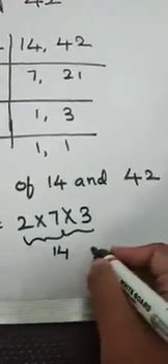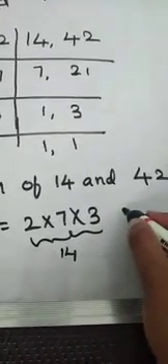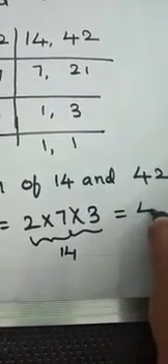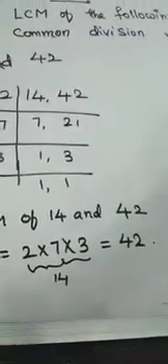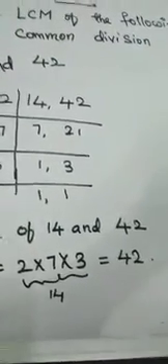So 14 threes are 42. So 2 into 7 into 3 equals 42. Therefore the LCM of 14 and 42 equals 42.